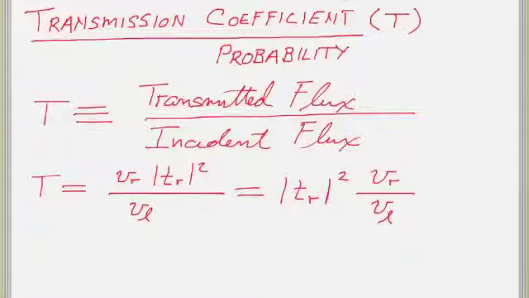This is a fundamental definition. It's completely general, generic. We're going to be coming back to this a number of times and showing that what we derive with our non-equilibrium Green's function approach is simply this. This is your transmission coefficient.